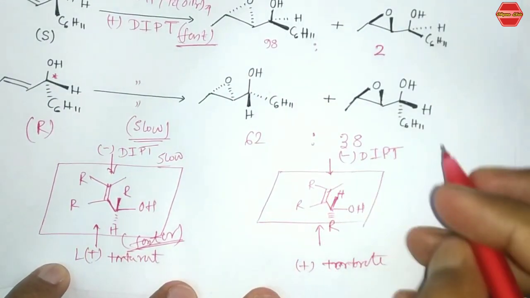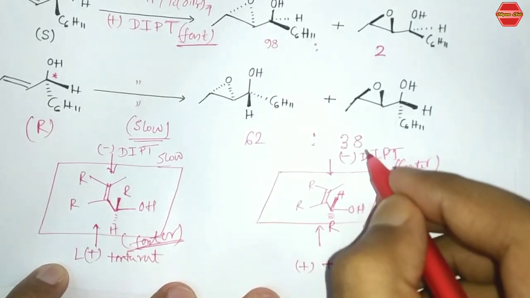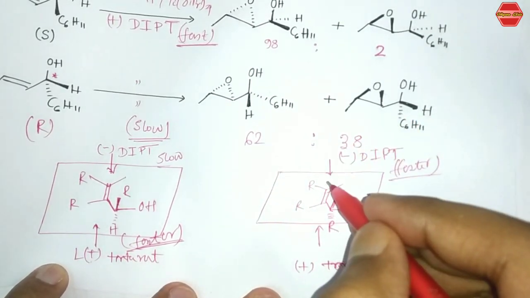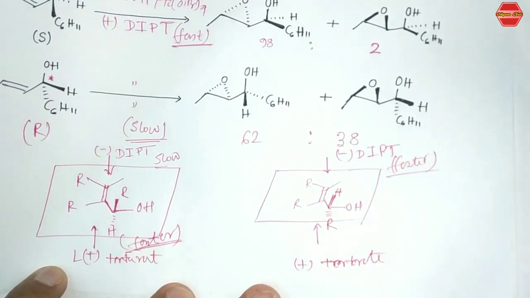In this case, which one will be faster? This side is much faster, because when the epoxidation takes place from the upside, it will only face this hydrogen, so there will not be so much steric repulsion.